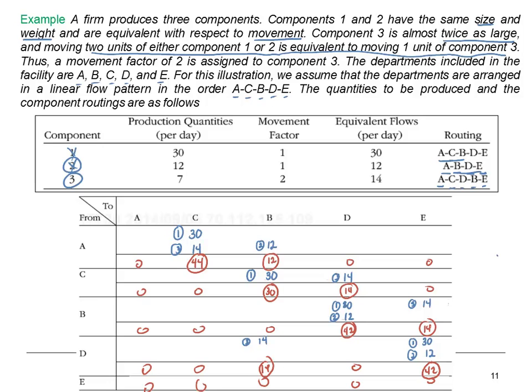And we were able to find the equivalent flow, and based on the routing for the products, we found those weights for each one of the departments. So from this table, you can see that, for instance, A and C has a 44 score, which I think is the largest one. So we will try to put those departments as close as possible. Okay? Any questions?